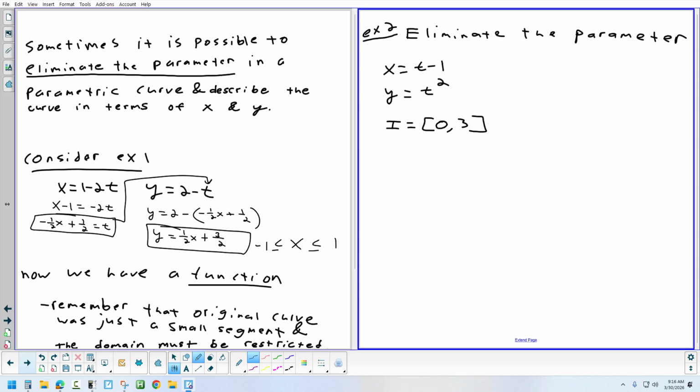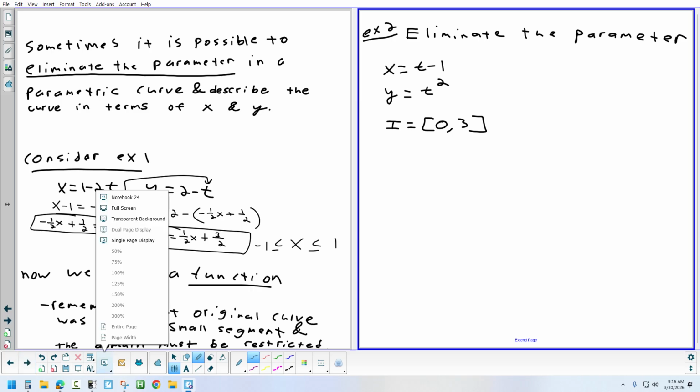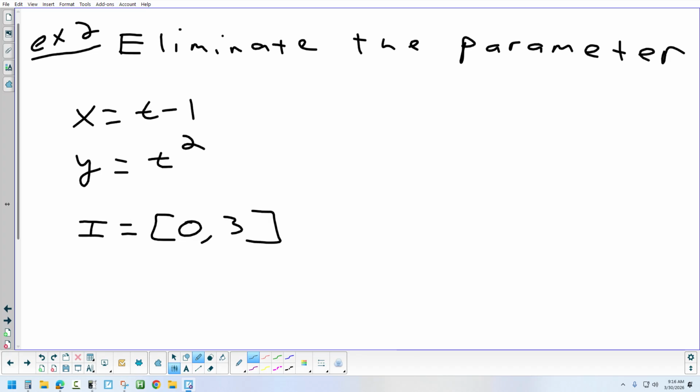All right. Let's try this one. Eliminate the parameter. Okay. So what's the first thing I would do to eliminate the parameter on this one?